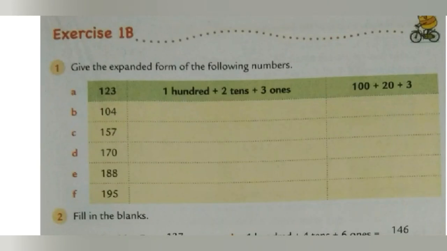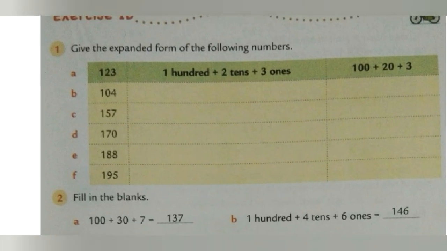So scholars, now we move on to next page, page number 13, exercise 1B. Let's check the first question. Give the expanded form of the following numbers. The first number which you can see is 123. Here 3 is in ones place, 2 is in tens place, and 1 is in 100 place. So how you will expand it? You will write it like this: 100 plus 2 tens plus 3 ones.